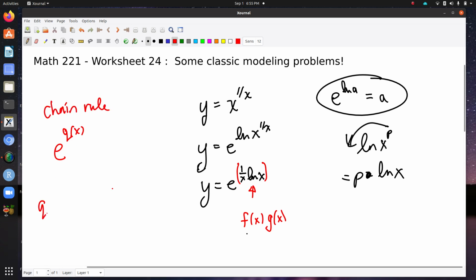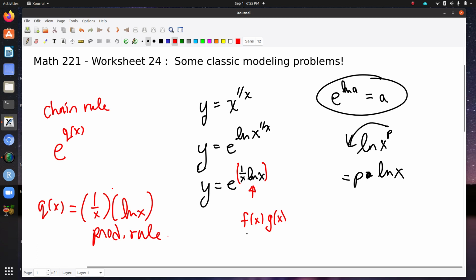But then you have q of x is equal to 1 over x times natural log of x, so this guy is the product rule, okay? That should be enough hints to get you going. Sometimes you just need a little nudge in the right direction. I think the rest of what you're being asked to do here is straightforward.